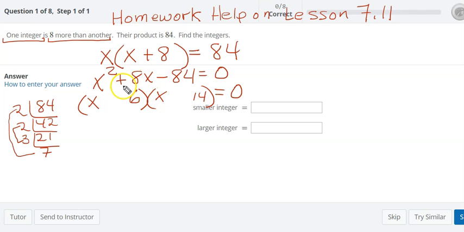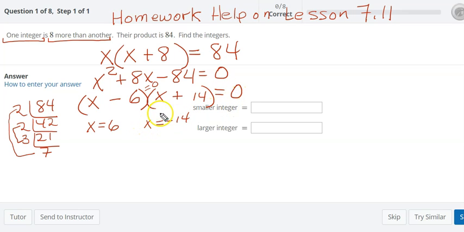So I need a positive for the 14, and I need a negative for the 6. Now, when I do this, I get here x equals, again, using the other work here, this is a positive 6, and this is a negative 14.